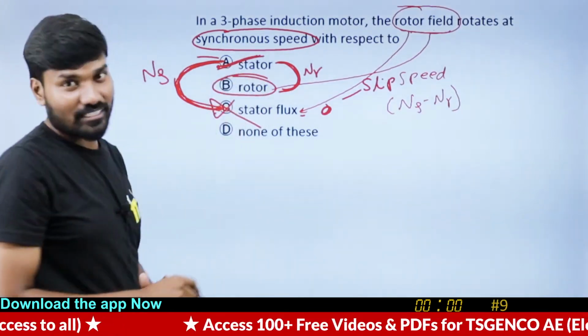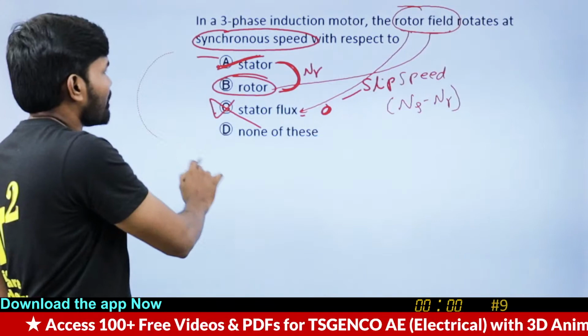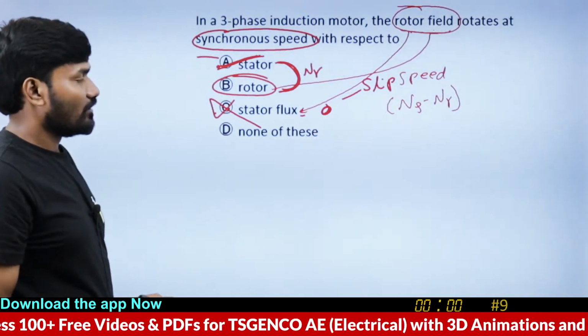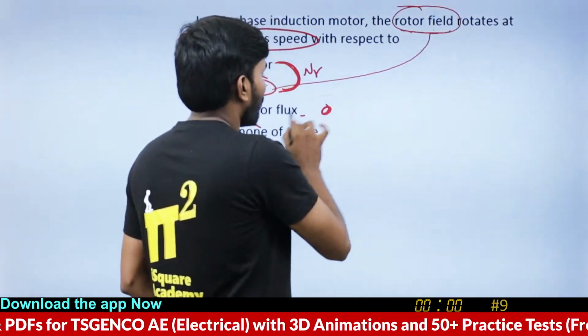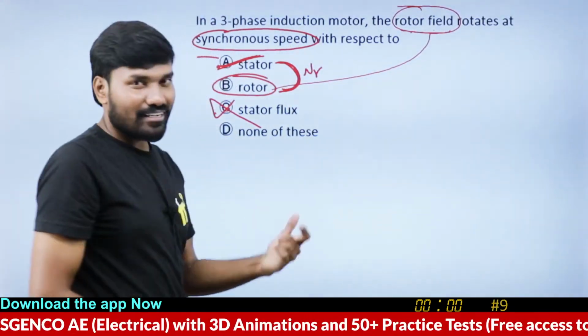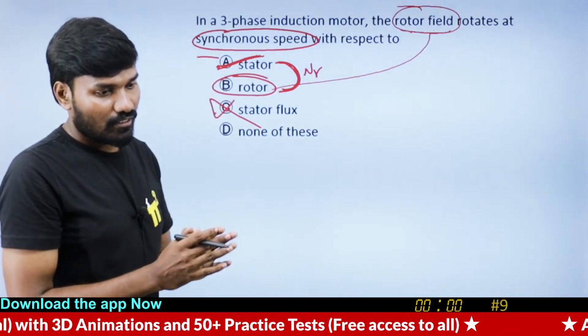With logic also you can say that. Or else why to have all these points? That's why I said a powerful line. Always remember that line. What is that line? Both the stator flux and rotor flux are stationary to each other.